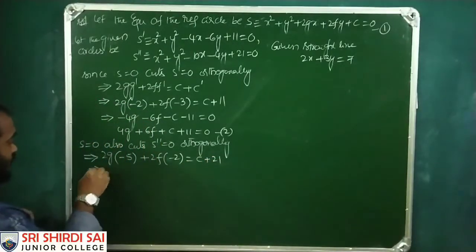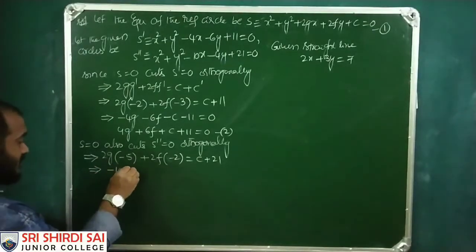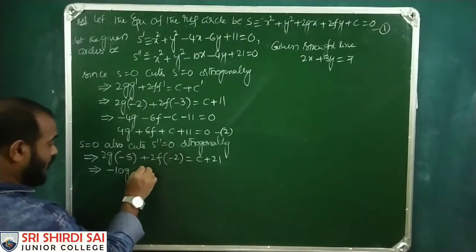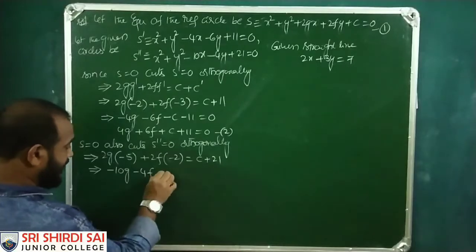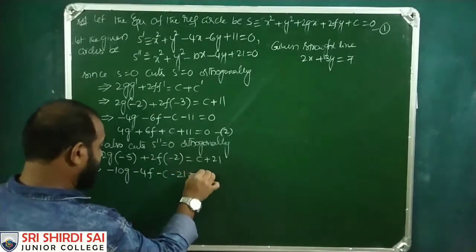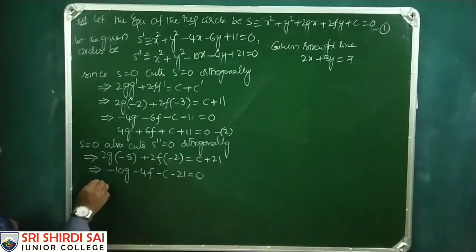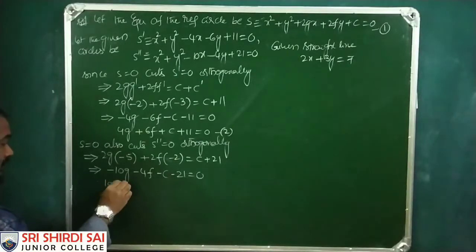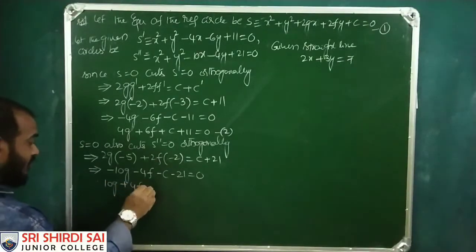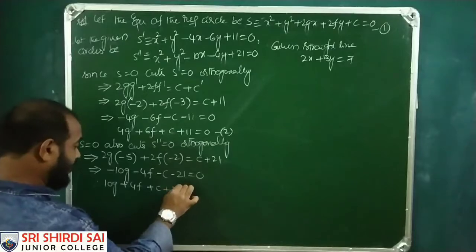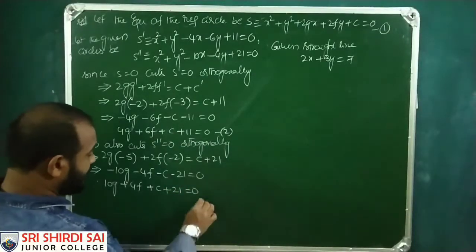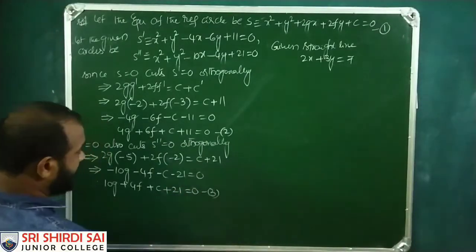This is minus 10g minus 4f minus c minus 21 equals to 0. So therefore 10g plus 4f plus c plus 21 equals to 0. Let us take this to be the third one.